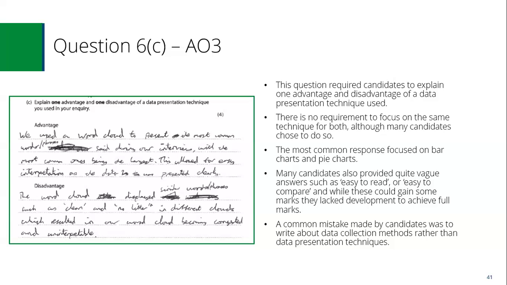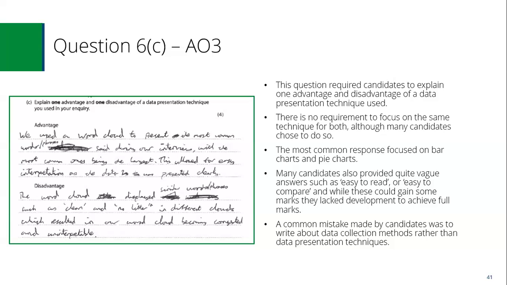Many candidates also provided quite vague answers, such as easy to read or easy to compare. And whilst these could gain some marks, they lacked that full development for full marks. A common mistake made by candidates was to write about data collection methods rather than data presentation techniques.